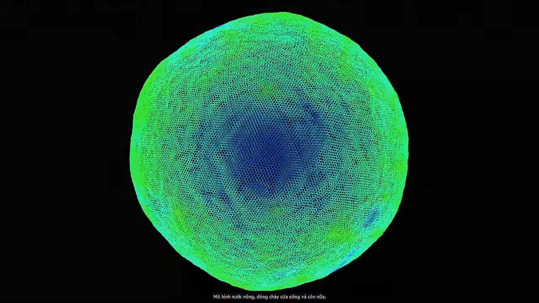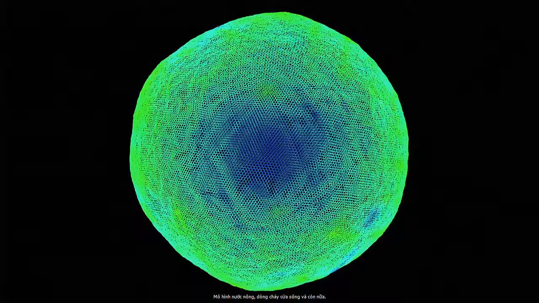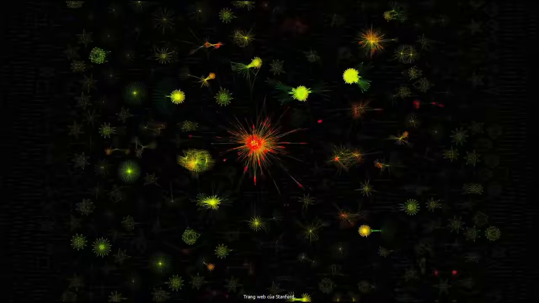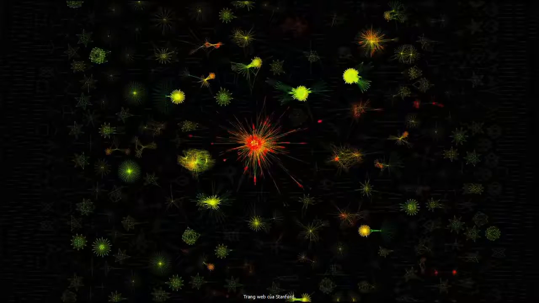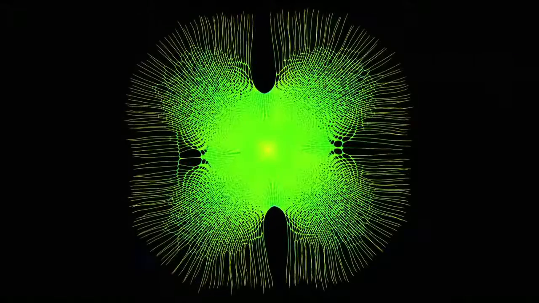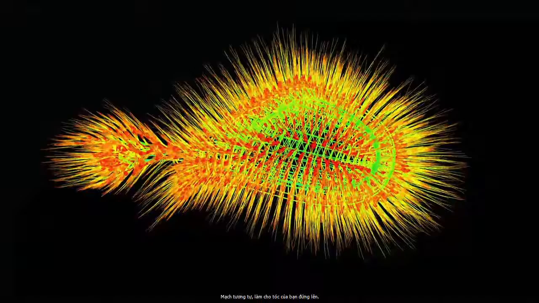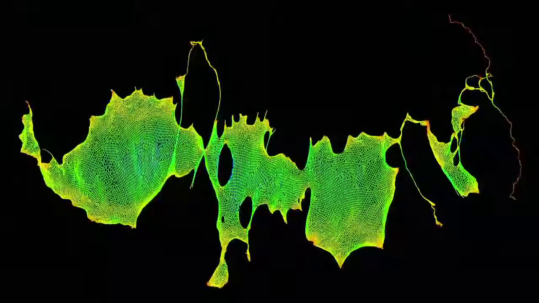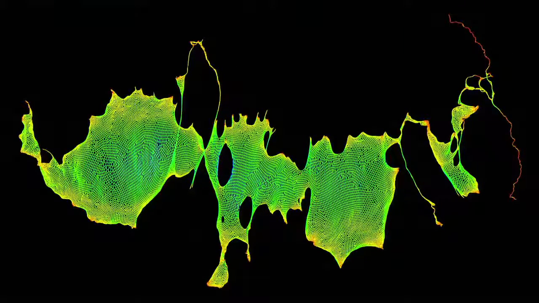Shallow water models, estuary flows, and so on. The Stanford Web. MRI modeling. Analog circuits, makes your hair stand up. Tidal flow models.